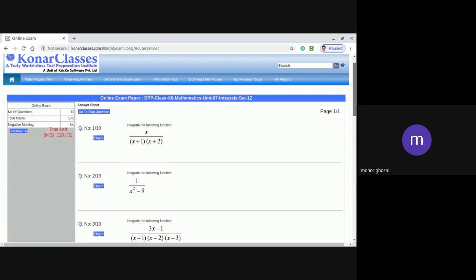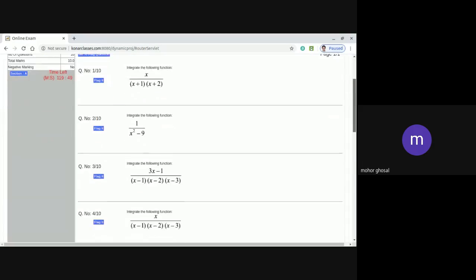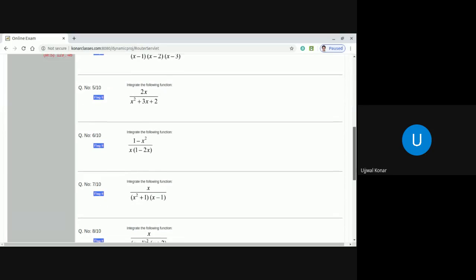The sixth and seventh. Sixth and seventh, right? Okay. So for the sixth one, tell me, what is the degree of the numerator polynomial? It's two. And what is the degree of the denominator polynomial?